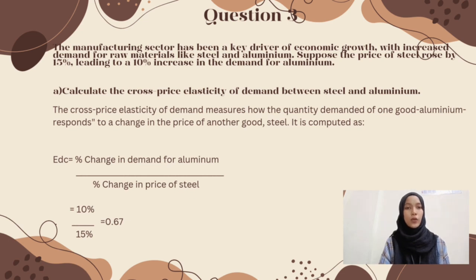Given the price of steel increased by 15% while the demand for aluminium increased by 10%, substituting the values into the formula, 10% divided by 15% equals 0.67. So the cross-price elasticity is 0.67.